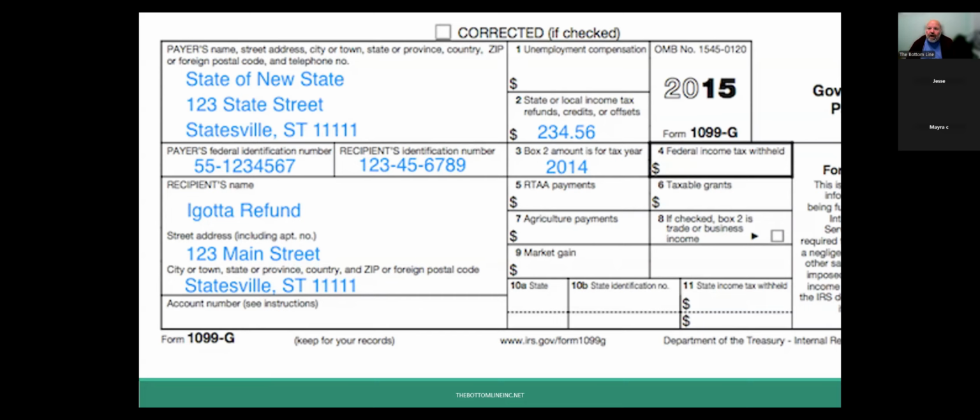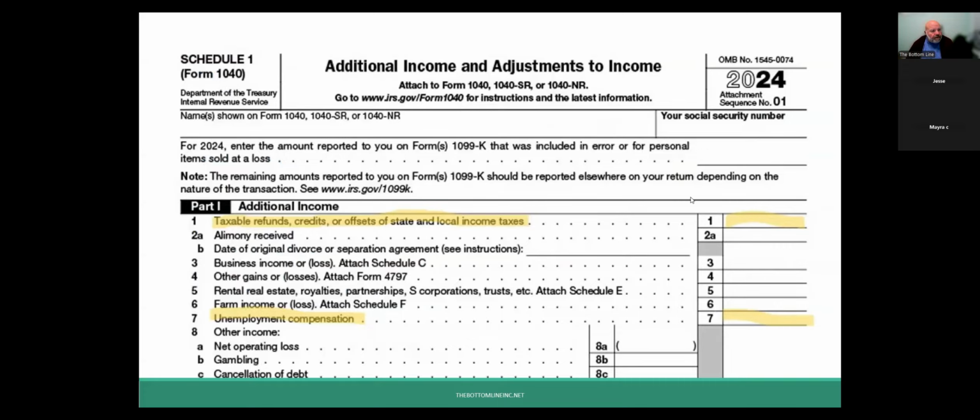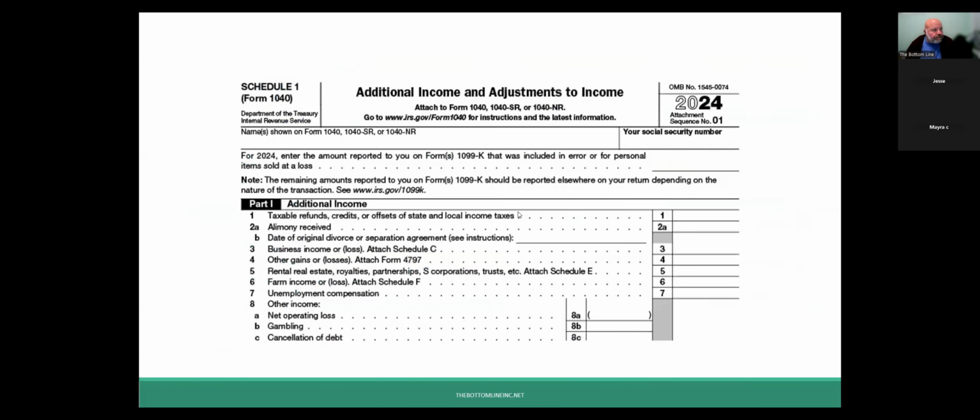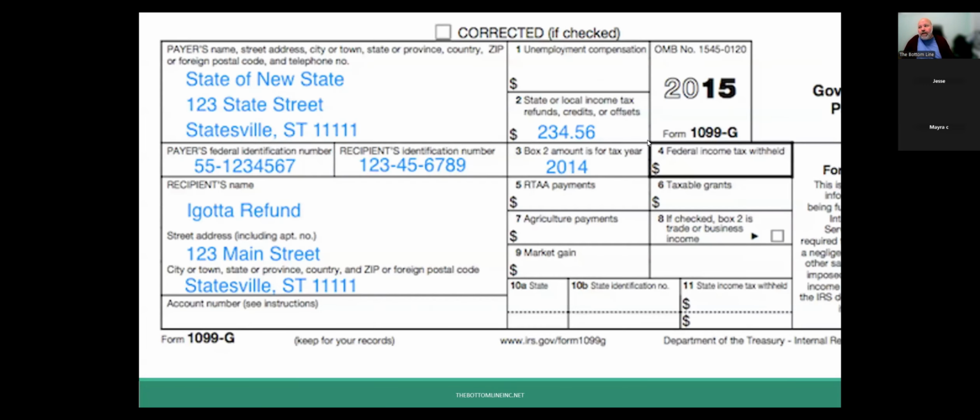Okay, you guys got those files? I think so. It's just a blank 1040, Schedule 1, and these 1099-Gs. Sorry, it's line 1 that is the taxable refunds.